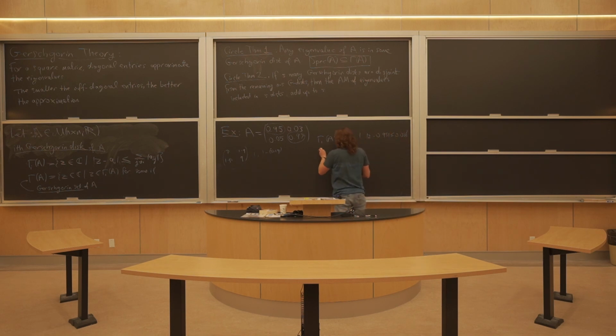And then I have the other one as well. Now I have all those z's such that the modulus between z and 0.97 is not more than 0.05. So now I can draw these.